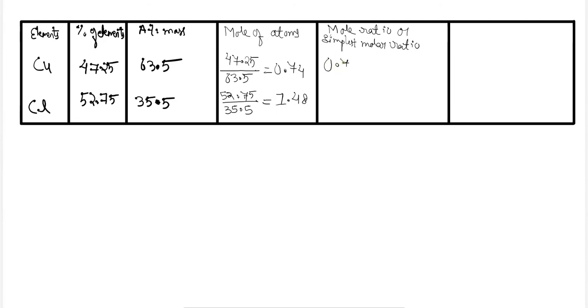So 0.74 divided by 0.74, 1.48 divided by 0.74. So here it will be 1, and here it will be 2.